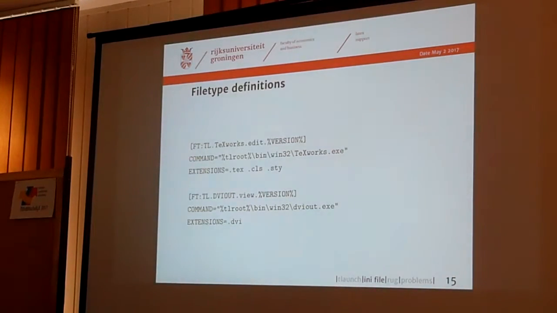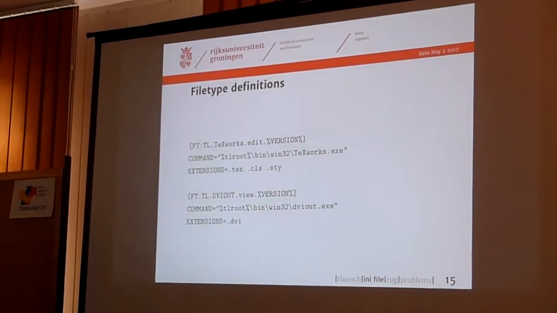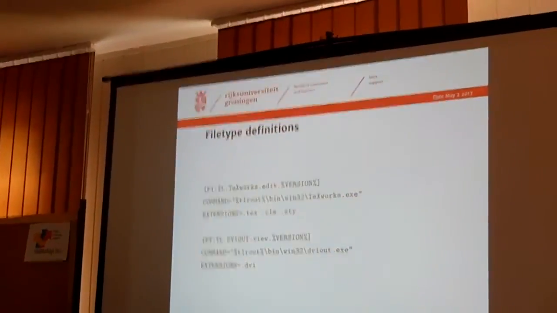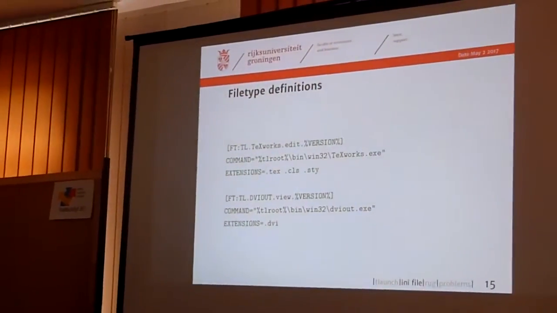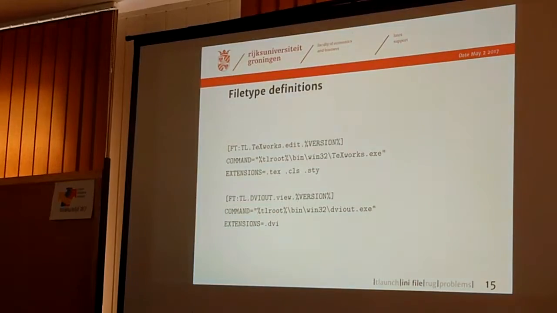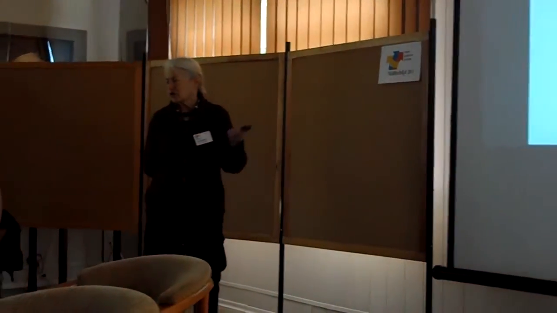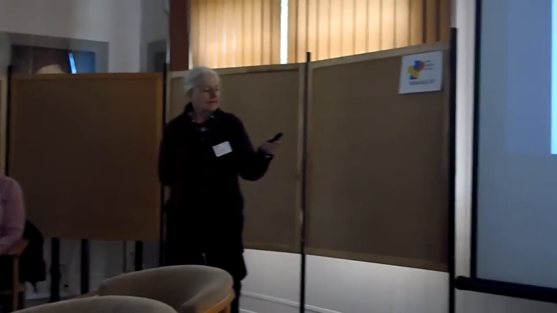It starts with ST, that means that the section is a file type definition, and it needs at least two entries, namely a command, and which extensions it applies to. So if there is an existing program such as Notepad, you can create a new file type for it, so you can leave the original file type alone.